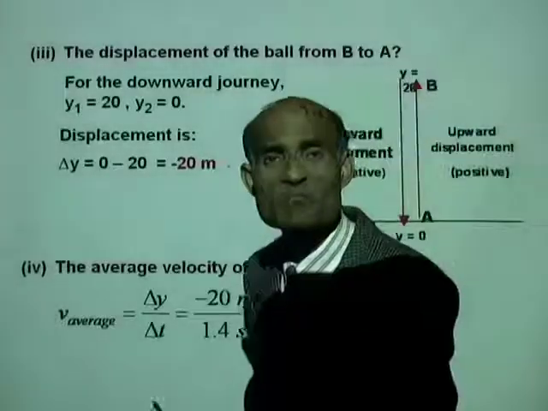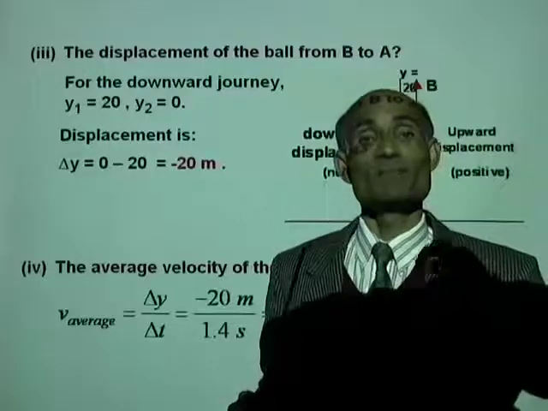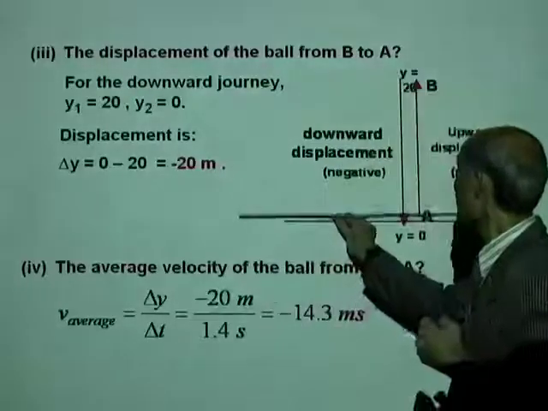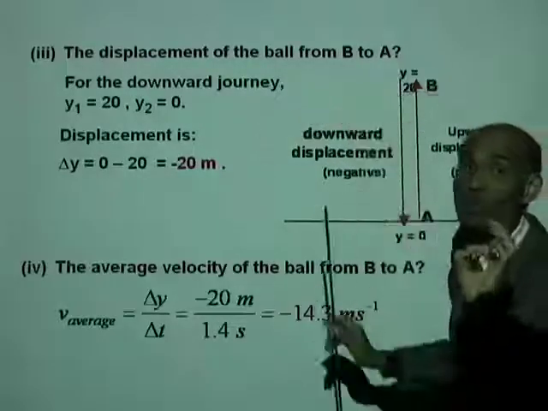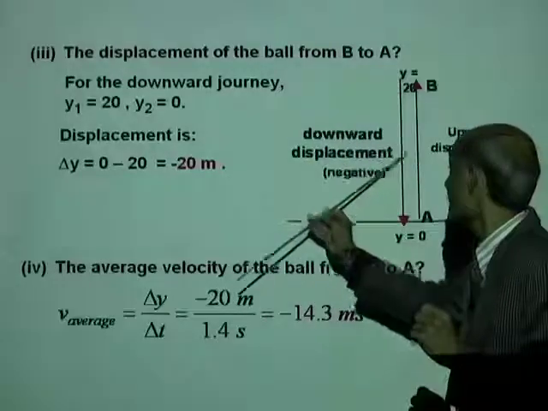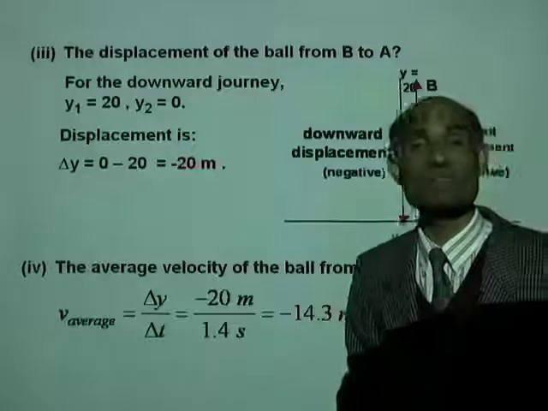What is the total displacement for the entire journey? Total displacement is 0. Alright? The average velocity while going up is positive 14.3 meter per second. And the average velocity while coming down is negative 14.3 meter per second.